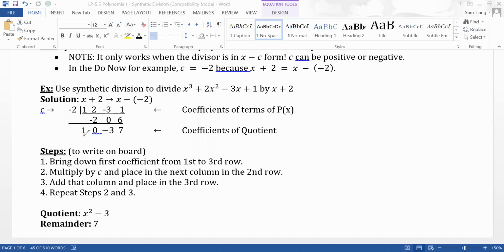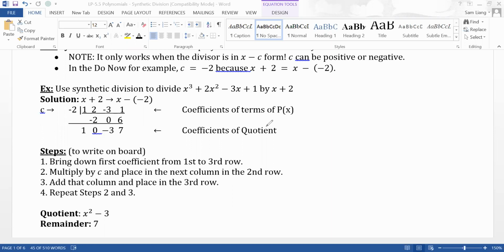So we start off with 1x squared plus 0x minus 3, and the last number is 7. The last number is the remainder. So here's the answer: quotient is x squared minus 3, remainder is 7.